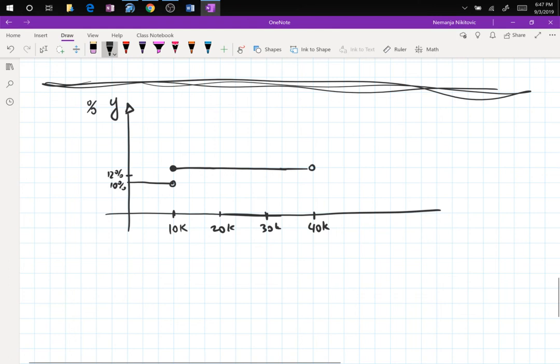And then from 12%, it jumps to 22%, which is here, if you are making between 40K and 85K.